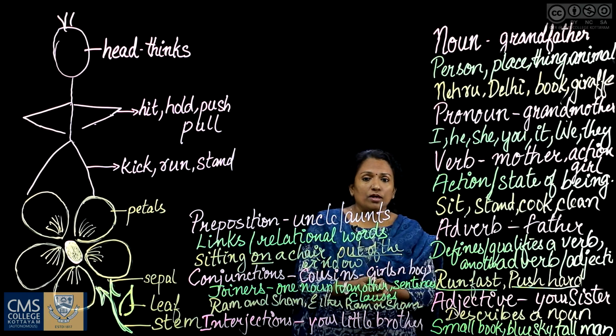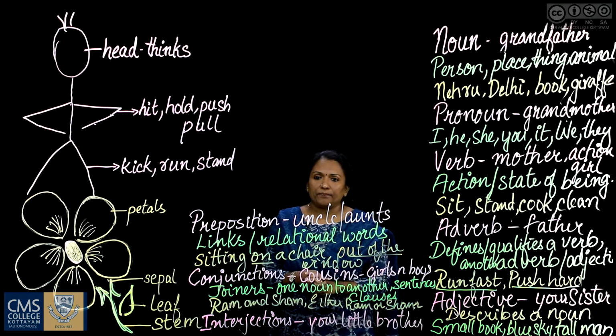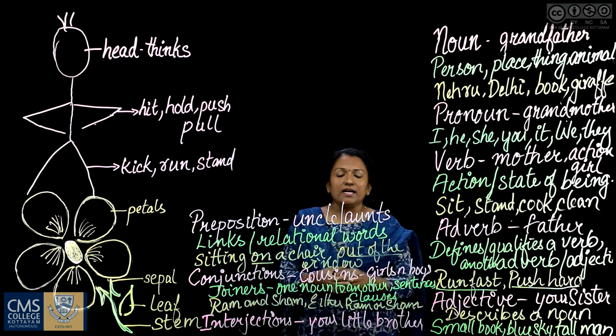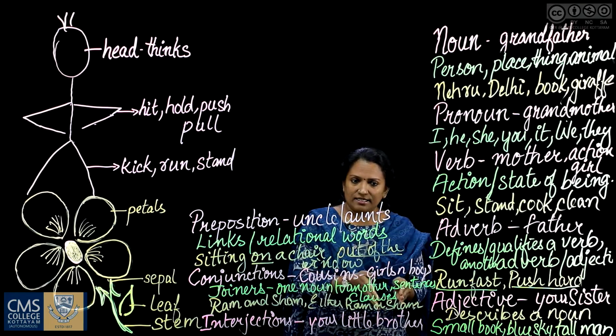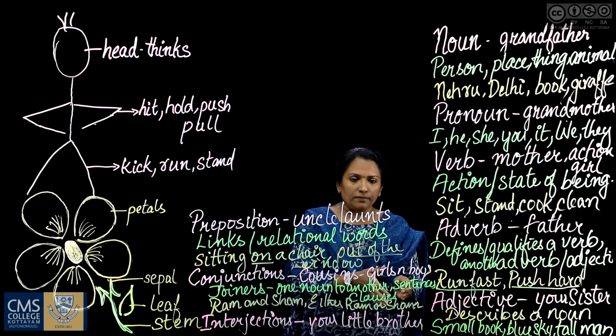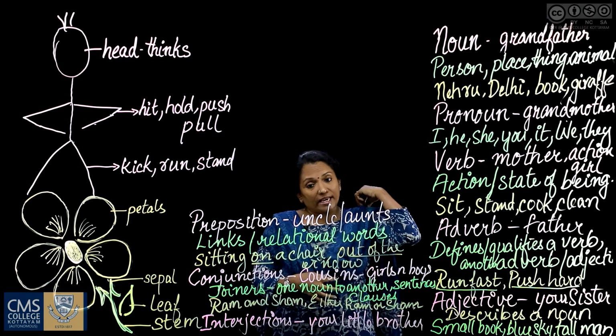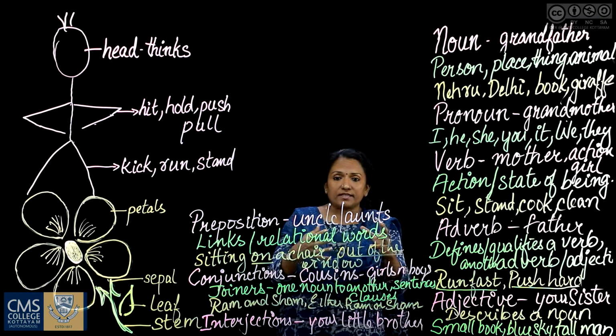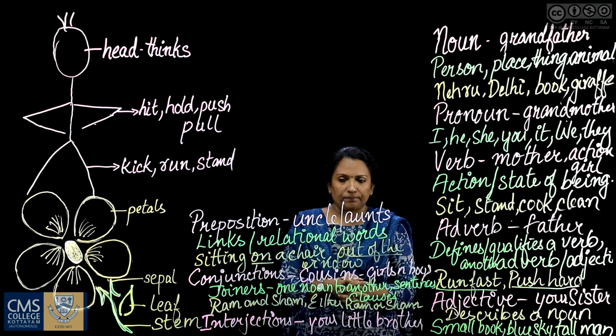It is also a state of being. The verb could describe a state of being. As you say, she is sitting. In that, sitting is an action, a verb, and you have also is, which describes a state of being.